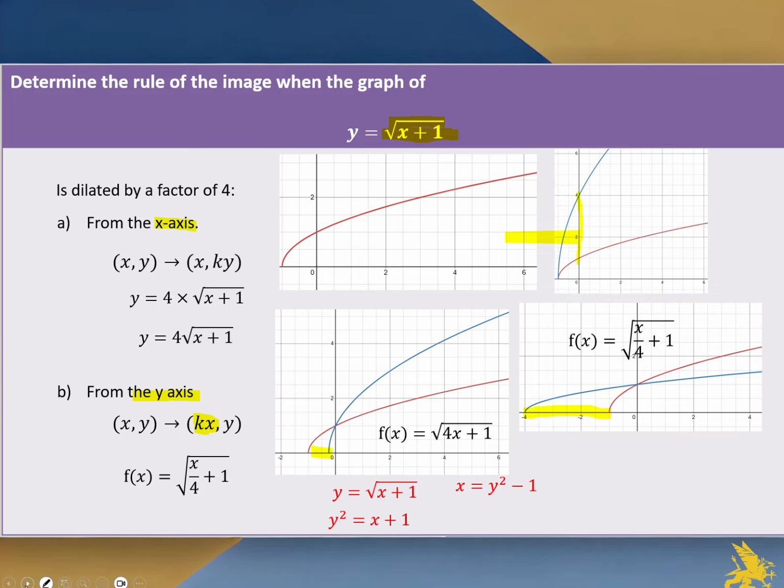Now, if I do this and just put a 4 out the front, if I wanted to transpose it back to getting y by itself, now I know what x is worth, I am going to end up getting x over 4, which is the reason why I had written it as x over 4 in here. So we just need to make sure we understand that and remember that part.